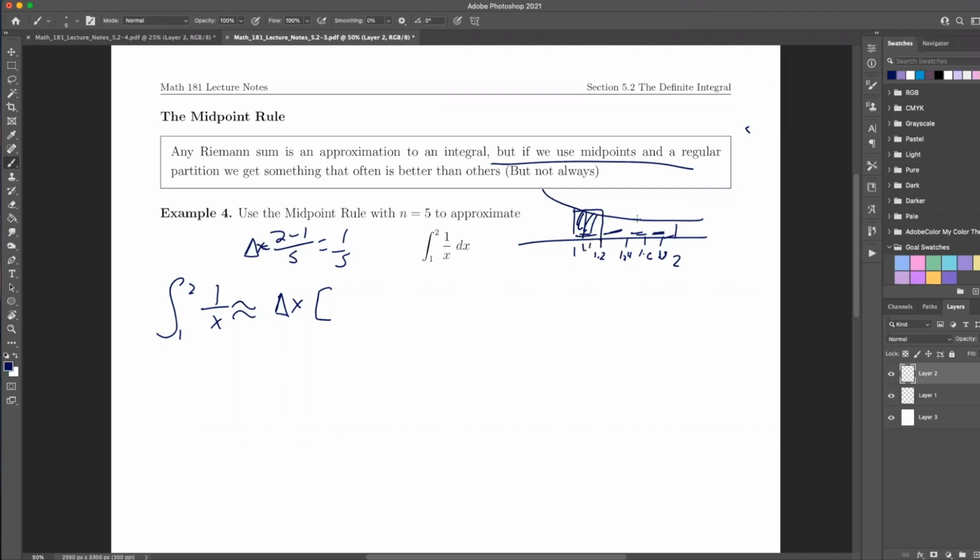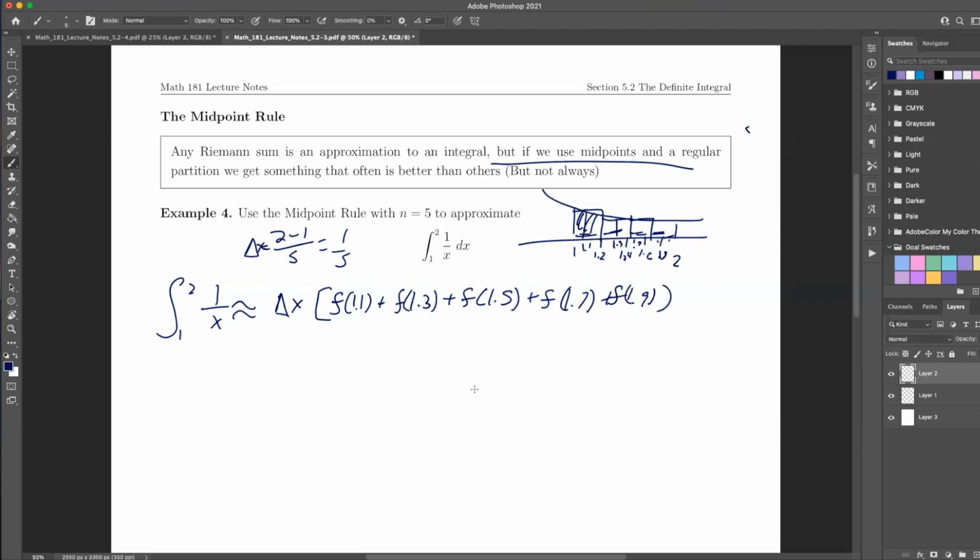That would occur at 1.1, this one at 1.3, this at 1.5, this at 1.7, and this at 1.9. So we're going to have the function value at 1.1 plus the function value at 1.3 plus 1.5 plus 1.7 plus 1.9.